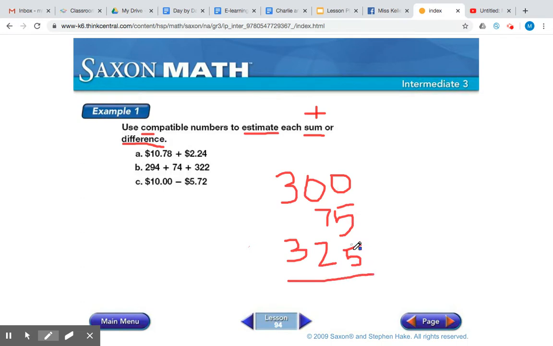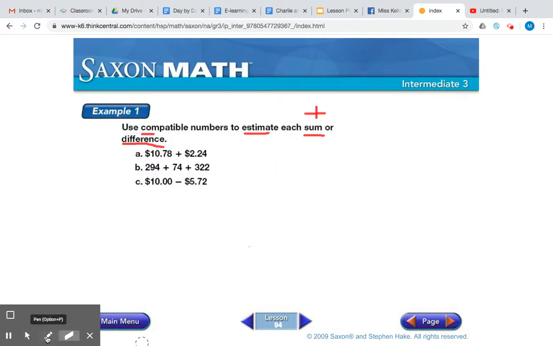Again, we can easily see 75 plus 25 gives us $1, or 100. And so we can do that quickly without even thinking too hard about it. 3 plus 3 is 6, plus 1 is 7. So about 700.